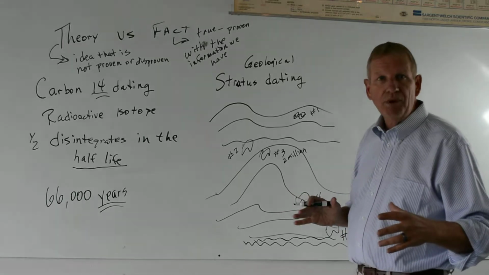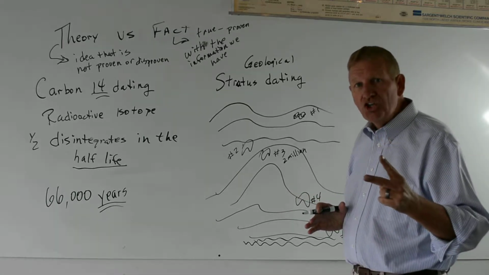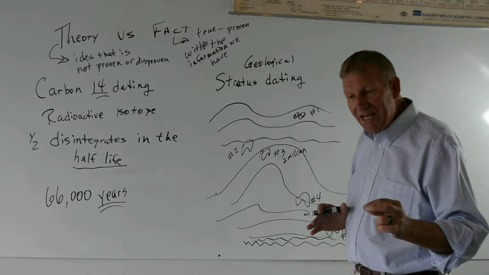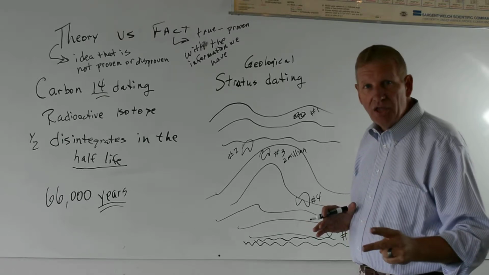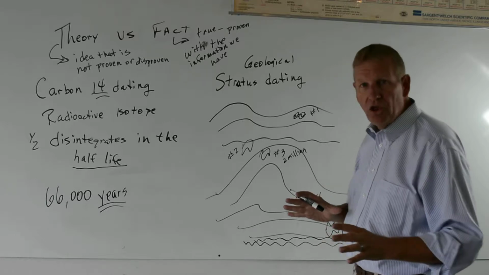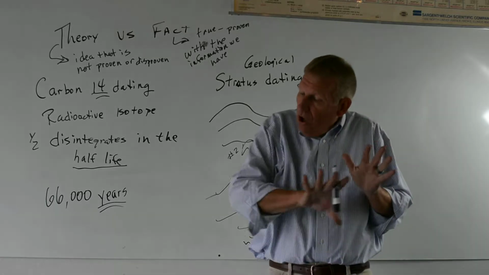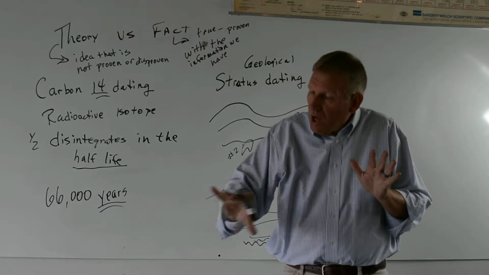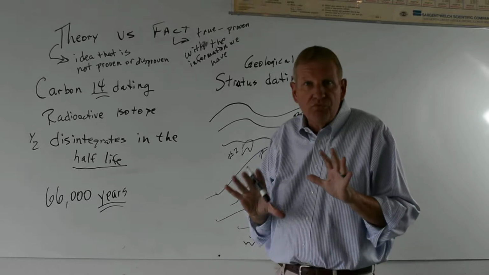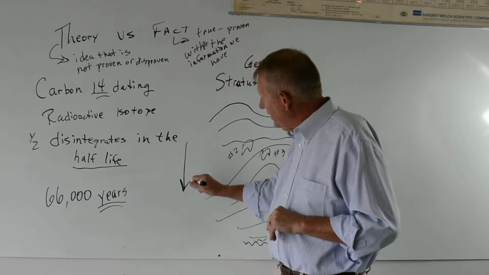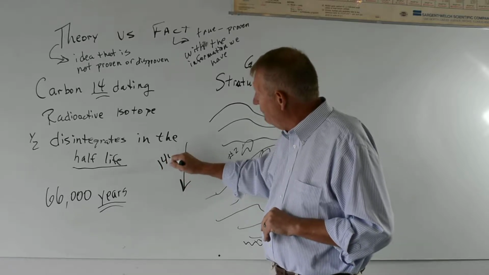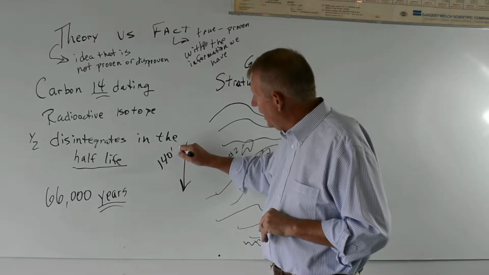Well, guess what happened? In 2 years, from 1980 to 1982, Mount St. Helens, because it ate away all the topsoil, it ate away all the rock, and we found these rock formations, we found fossils, we found all these things. In 2 years, we have a canyon that's 140 feet deep.